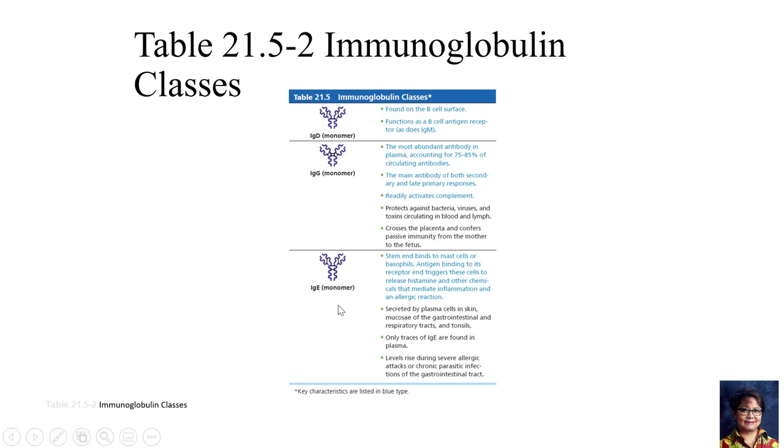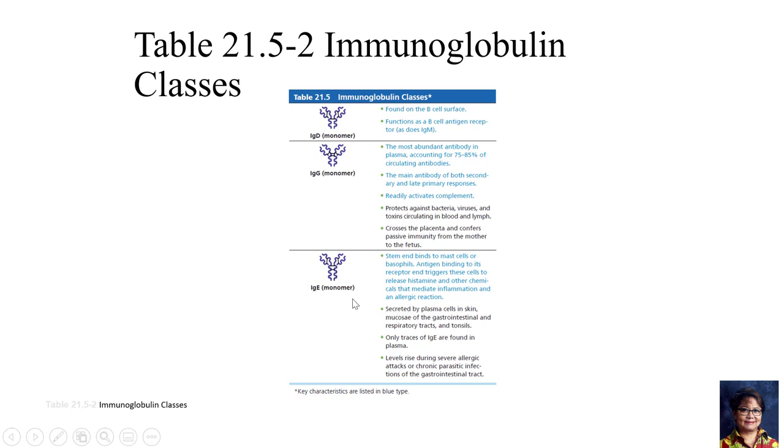And then the IgE. The stem of this antibody binds to mast cells and basophils. And the antigen binding sites, when they bind to the receptor, trigger these cells to release histamine and other chemicals that mediate inflammation and allergic reactions.